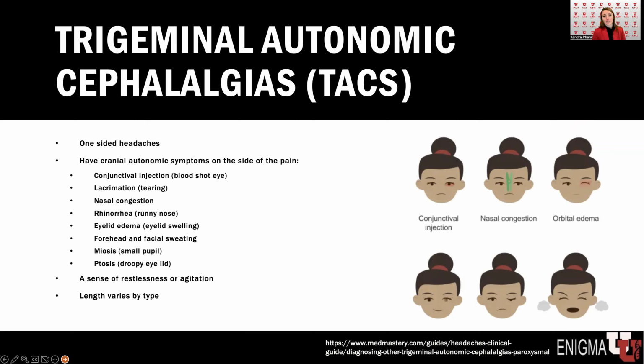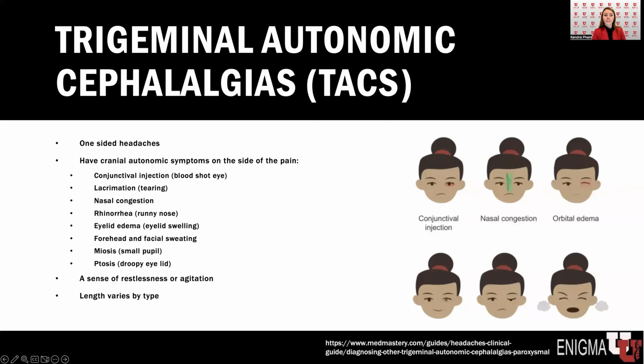The cranial autonomic symptoms that we see include conjunctival injection, which is a bloodshot eye, lacrimation, otherwise known as tearing, nasal congestion, rhinorrhea, known as a runny nose, eyelid edema or eyelid swelling, forehead and facial sweating, miosis, which is a small pupil, and ptosis, which is a droopy eyelid. There also comes with these headaches a sense of restlessness or agitation.